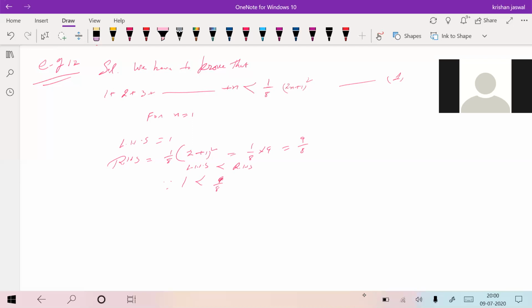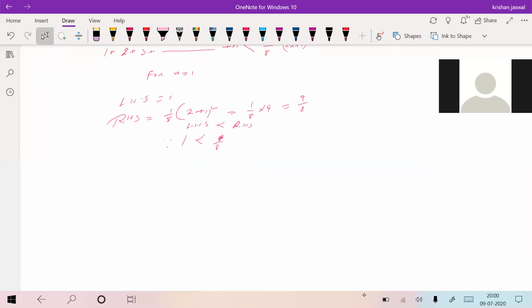When we divide 9 by 8, the answer is 1 point something, so 1 is less than 1 point something, which is true.